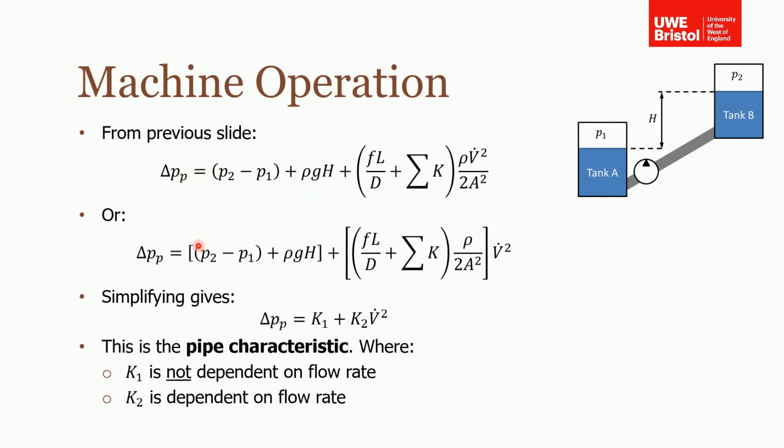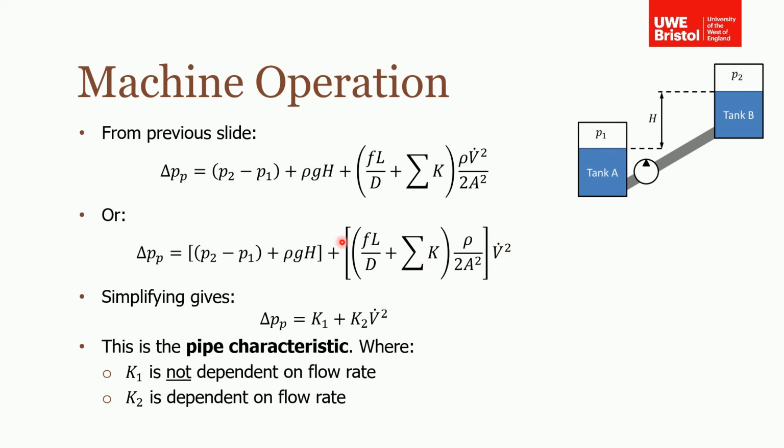Now what we're going to do here is combine some terms. In this square bracket we have terms which are not dependent on the volumetric flow rate. So it's just dependent on the pressure between the two tanks and also the height of the water levels between the two tanks. And in this bracket, everything combined is obviously a function of volumetric flow rate.